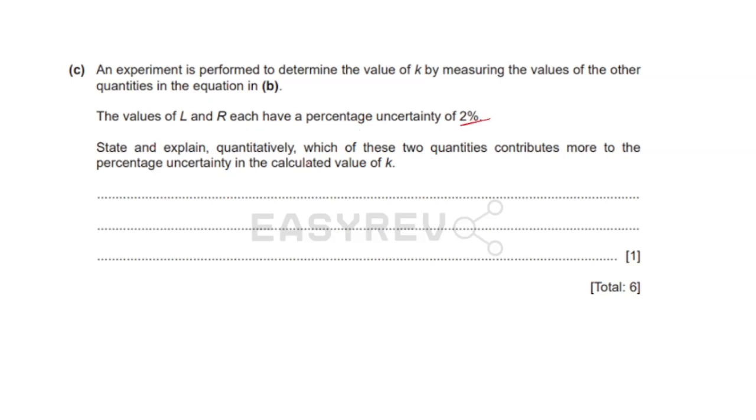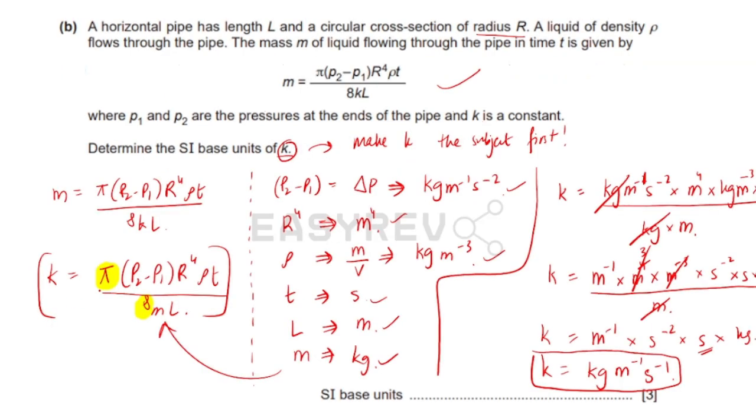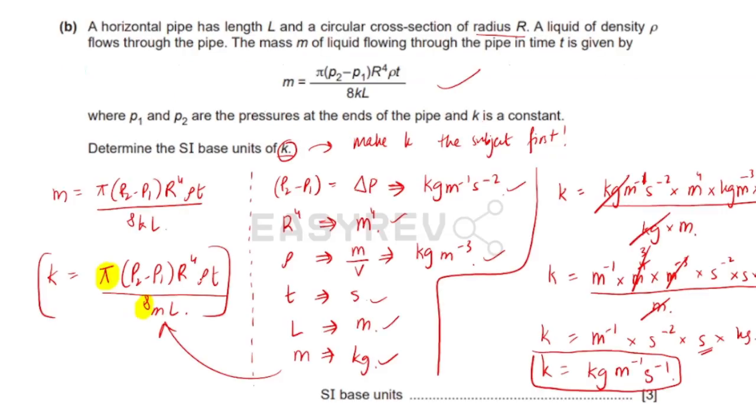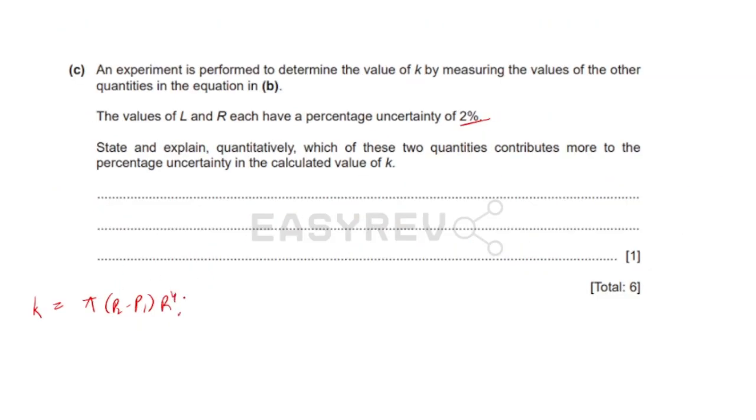State and explain quantitatively which of these two quantities contributes more to the percentage uncertainty in the calculated value of K. Now for K, the formula that we are given, and in fact we rewrote, was this, so I'll write it as it is: pi times (P2 minus P1) R raised to the power 4 times density times time, divided by 8 ML, right? And the percentage uncertainty that we are looking at is for L and R.